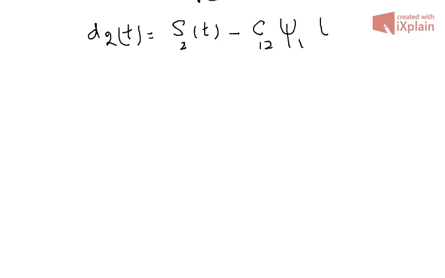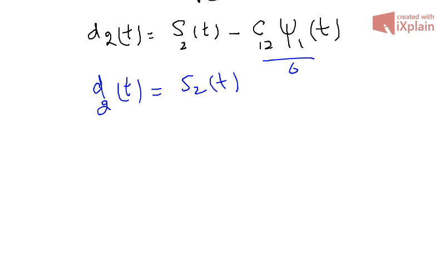If you are going step by step, you can find your d2 of t, and your d2 of t is actually S2 of t minus the image over psi 1, but this image is 0, right? So our d2 of t is actually S2 of t.